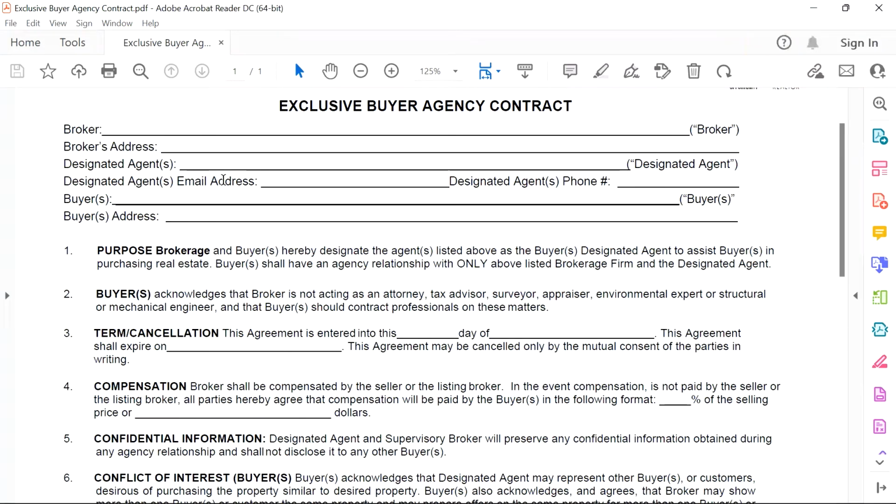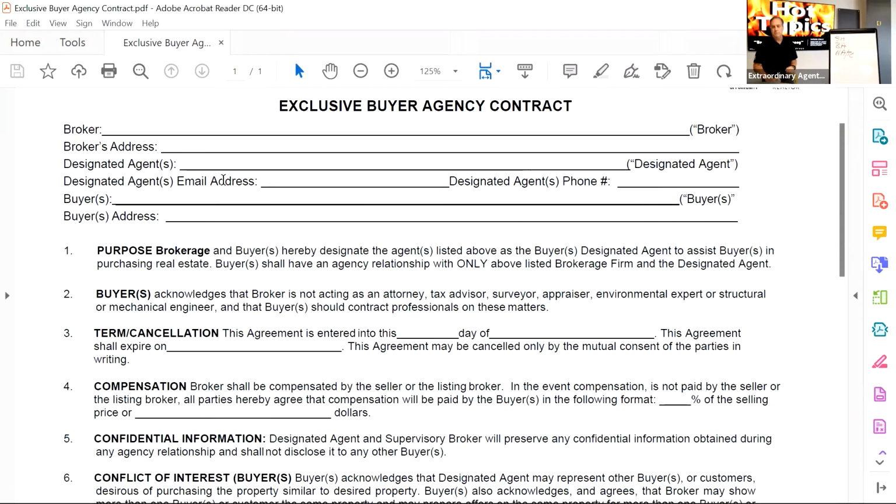In the multiple listing service, whichever one you may belong to, you're going to have something that basically says sub-agent, buyer agent, or non-agent.